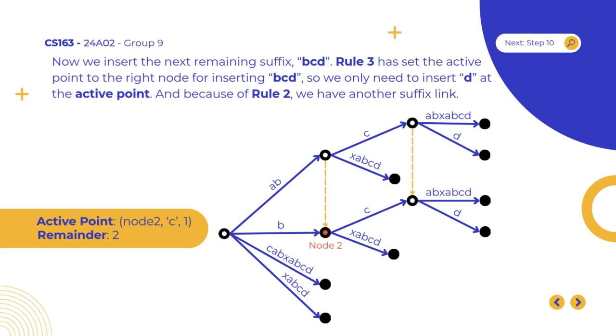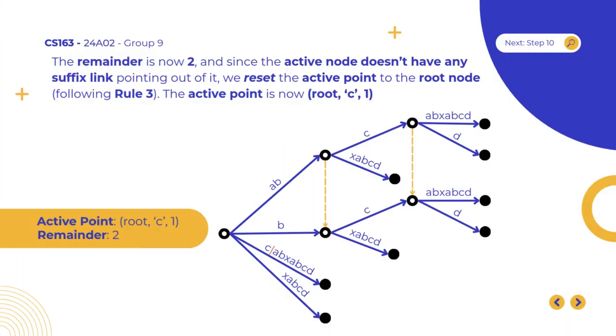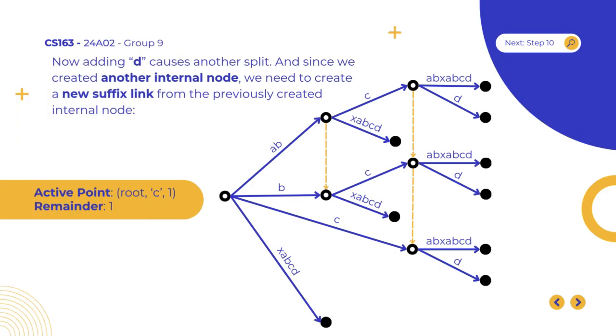Rule 3 now dictates that we change the active node back to the root because we don't have any more suffix link to follow. And the active length and the active edge are unchanged. Adding D at this active point causes another split. So we have another split and another suffix link, like that.